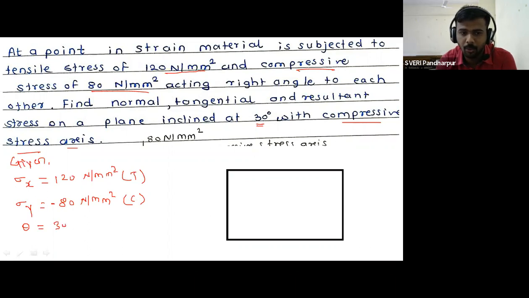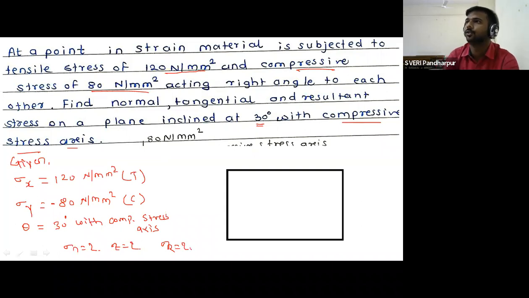Theta is equal to 30 degree with compressive stress axis, and we have to calculate sigma n, we have to calculate sigma t, and we have to calculate sigma r. So these are the given.